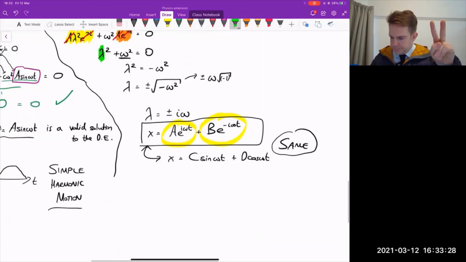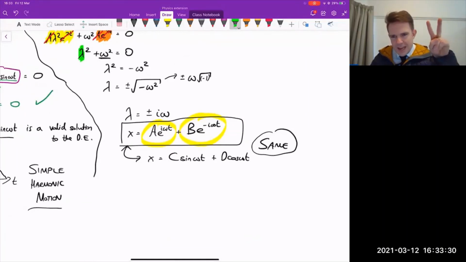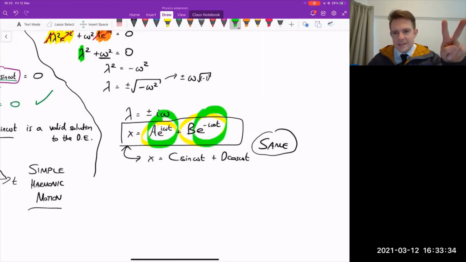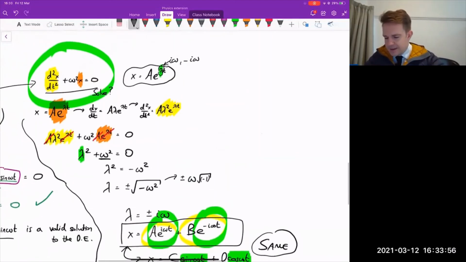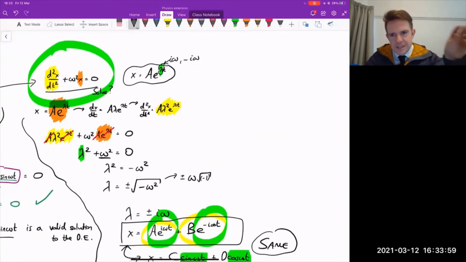Number two is that there's a relationship between complex exponentials involving complex numbers and sine and cosine functions. You might not have come across complex numbers before, but I'll repeat it: there's a vital link between complex numbers and trigonometric functions, and complex numbers and solving simple physics problems.